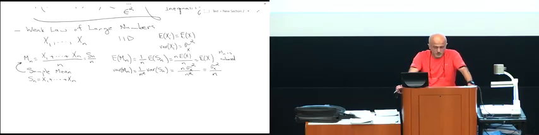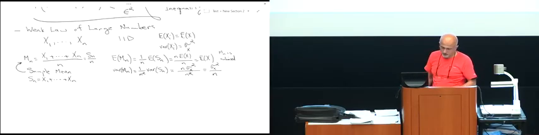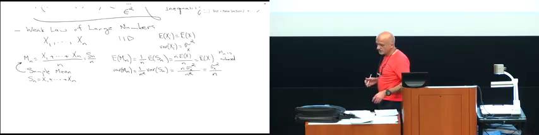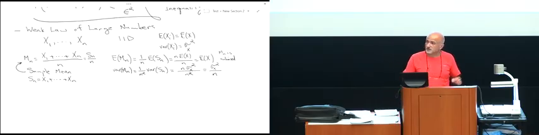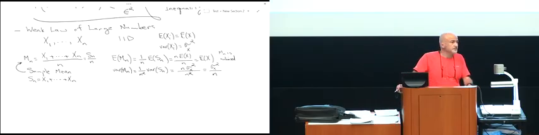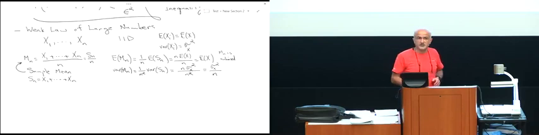Approaches 0. So if you were to guess something about the behavior of the probability law governing the sample mean, what happens to the probability law? Does it get wider? Does it get narrower? It gets narrower because the spread is getting tinier and tinier.